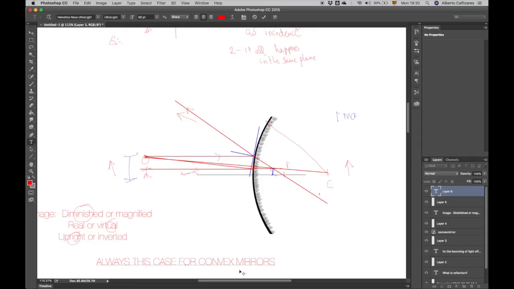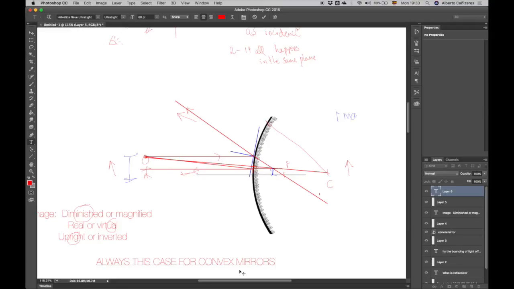For example, if you are in traffic and you see one of these convex mirrors for seeing on a bend or an area with poor visibility, it would be very inconvenient if the car you're looking at from the distance all of a sudden flips.